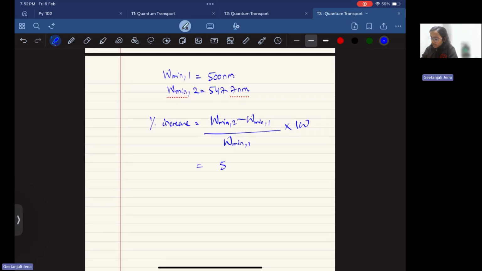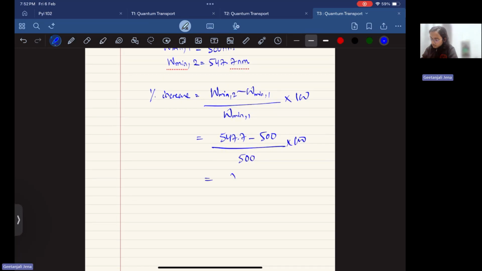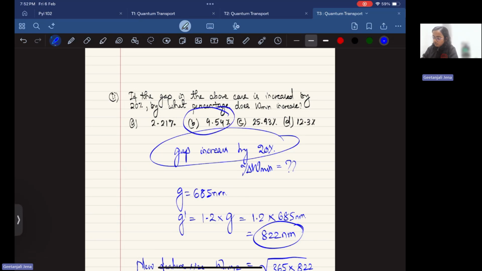So, 547.7 minus 500 by double minimum 1, 500, which will be 9.54 percentage. So the answer will be option B. The feature size will increase by 9.54%.